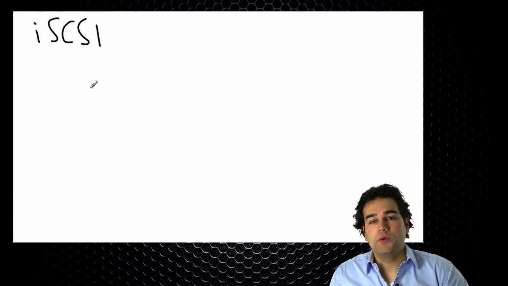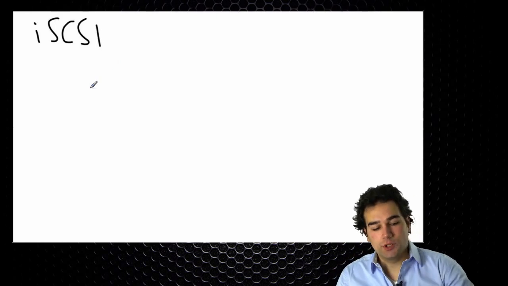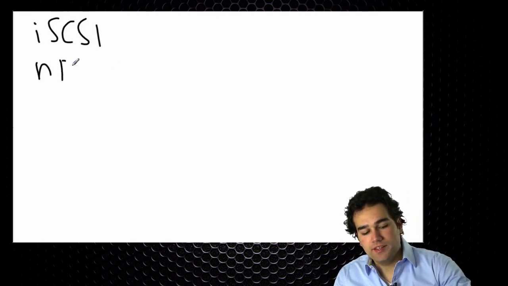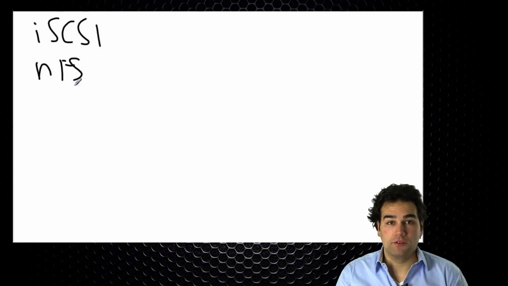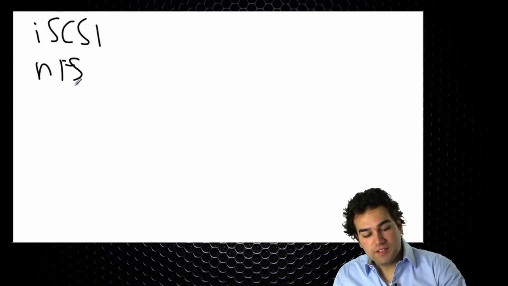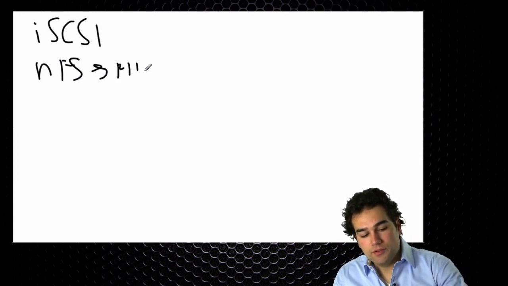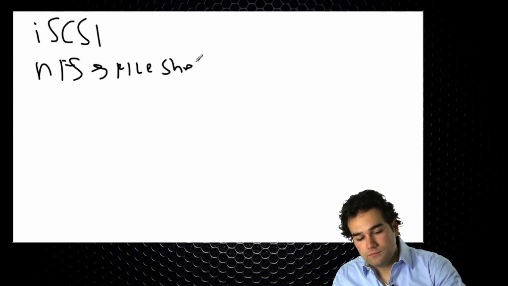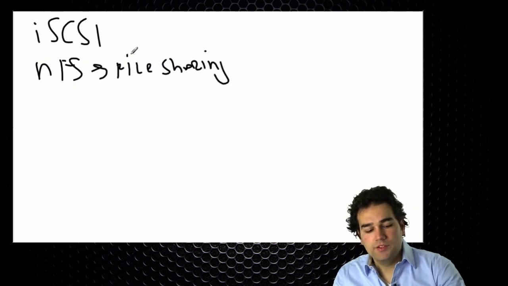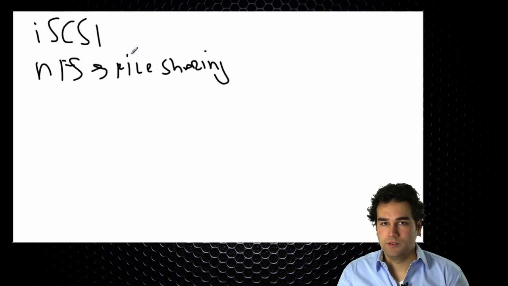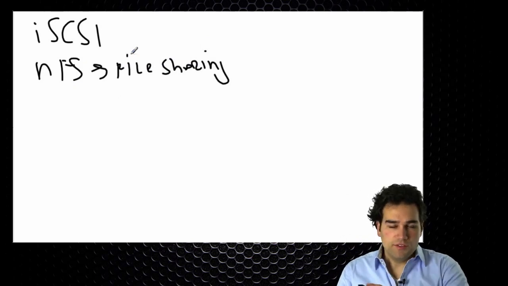So usually when you add storage to, let's say, an ESX server, we use iSCSI, NFS, or Fibre Channel, right? NFS is something completely different. NFS is a file sharing protocol, and that has nothing to do with SCSI commands. So these are not raw disk commands.